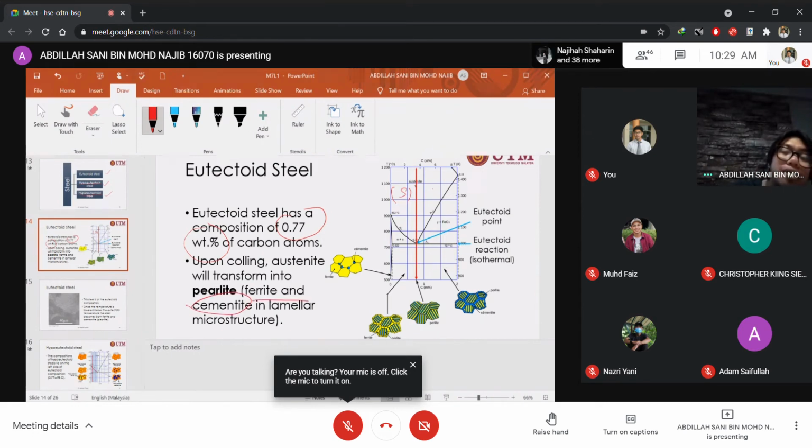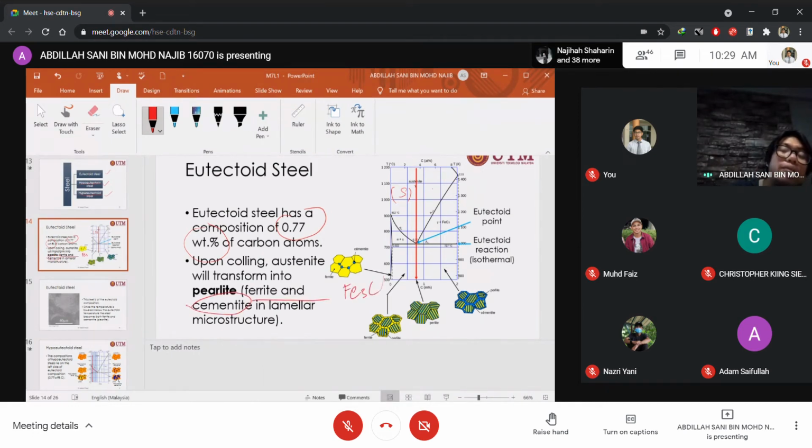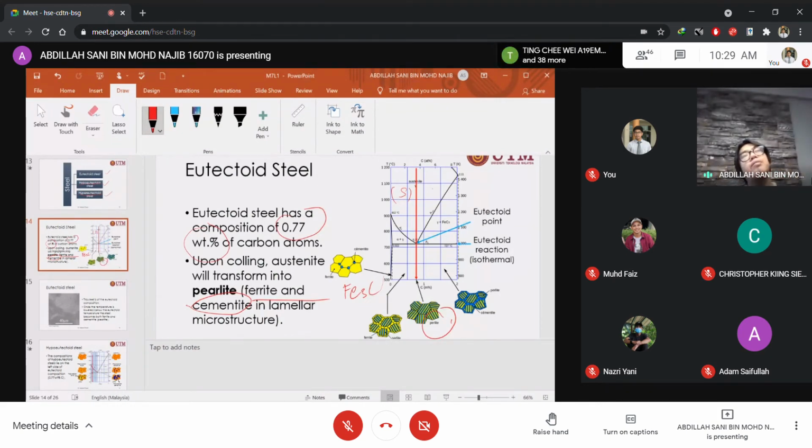Cementite is the iron carbide, that's just the name. And this lamellar structure of ferrite and cementite is what we call pearlite. This is a very important term. When people say pearlite, we already have this image of a lamellar structure between ferrite, the alpha iron, and cementite.